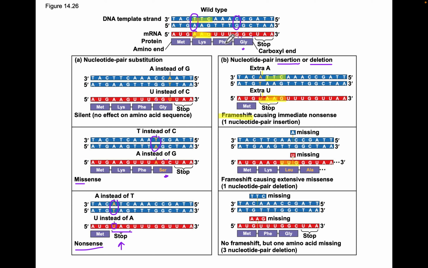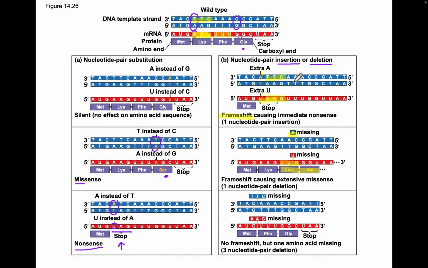But here you see UUG. Previously it was UUU, but accidentally during DNA replication it jumped over the A when it was replicating, so now that's no longer there, which means the U doesn't get put in. Which means in this case we have different amino acids, and in fact all the amino acids after the insertion or deletion, in this case deletion, are going to be messed up.